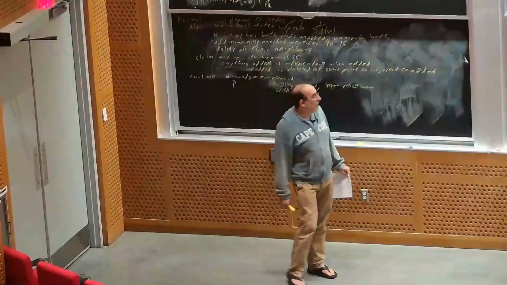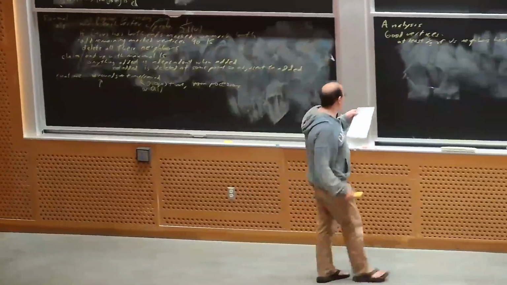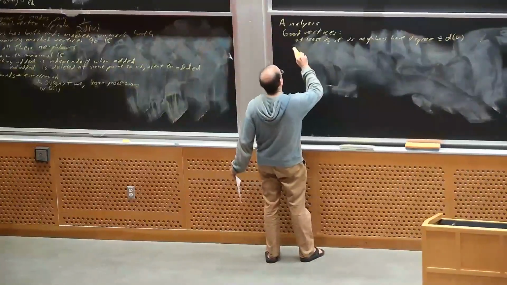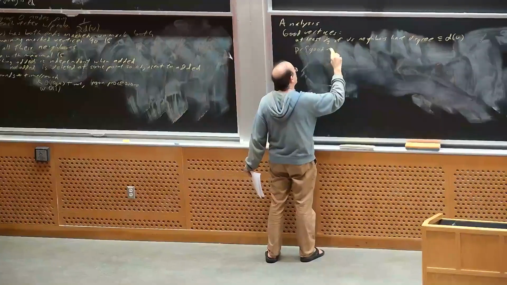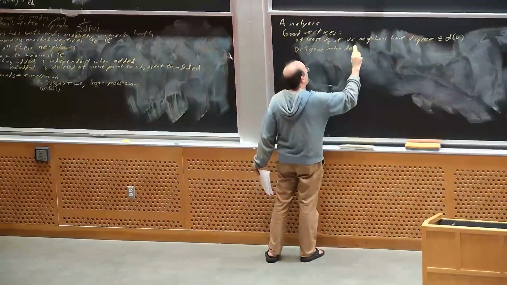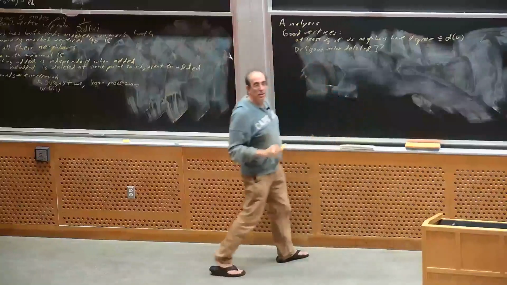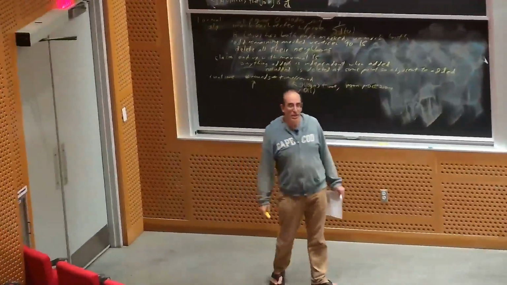Why is a good vertex good? Well, what is the probability that a good vertex gets deleted? What does it take for a good vertex to get deleted?